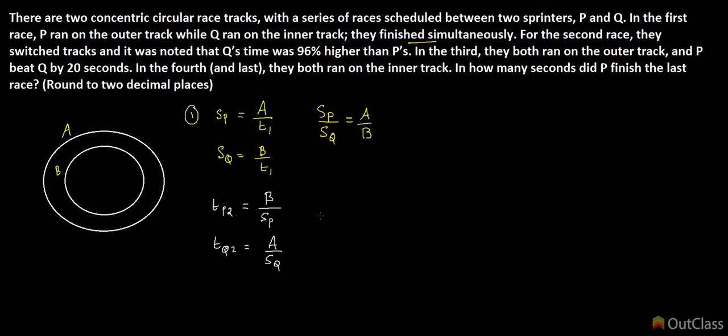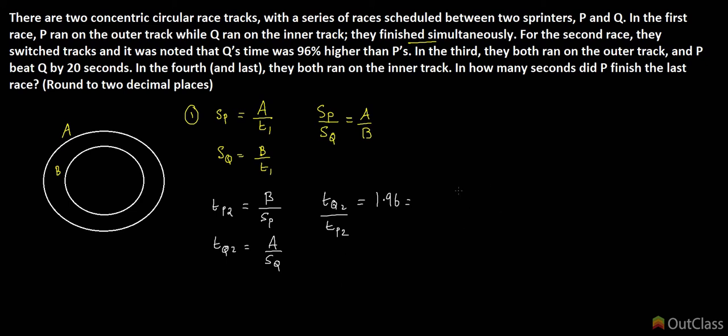If we divide this, we can write that the time taken by Q is 96% more, right? So TQ2 divided by TP2 is 1.96. And let's do the substitution from this side.